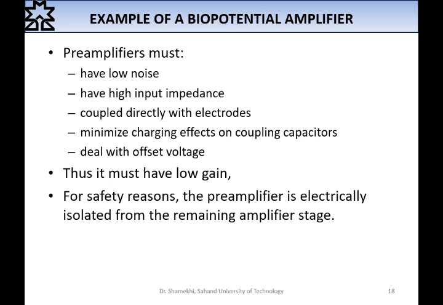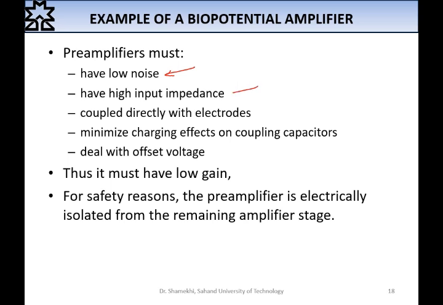We have two main parts in a complete amplifier circuit. The first part is pre-amplifier and the second part is the main amplifier part. Pre-amplifiers must have low noise. First of all, low noise is important.